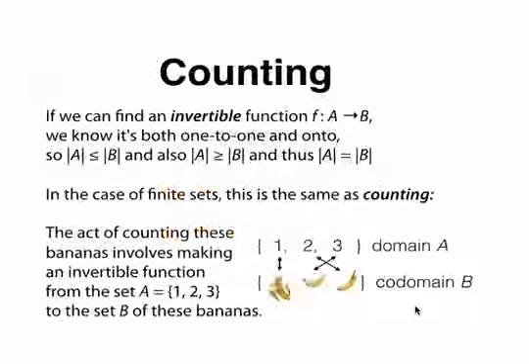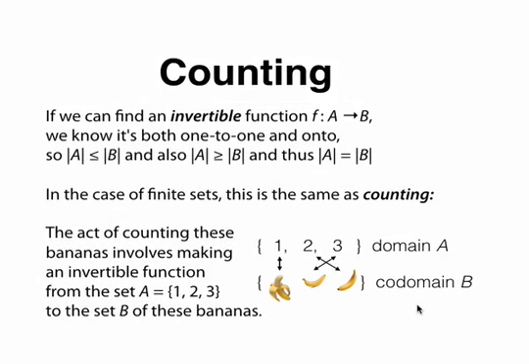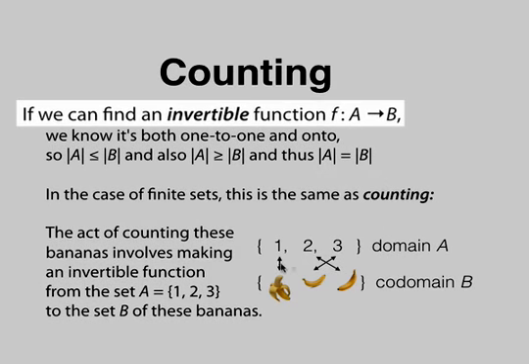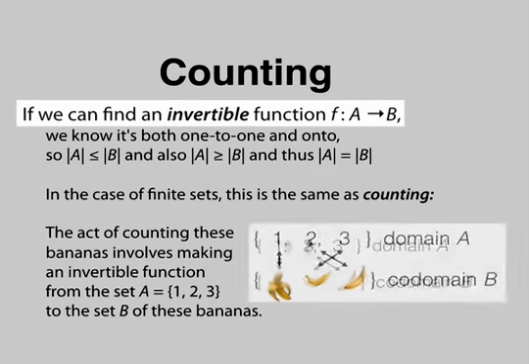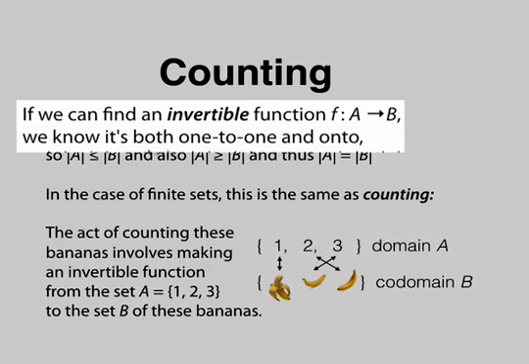So, remember how we said to find the size of a finite set, all we have to do is count the number of elements in that set, the number of members. Let's look at this intuition. What's going on when we're counting them? If we can find an invertible function that maps A to B, then we know that this function is both one-to-one and onto.